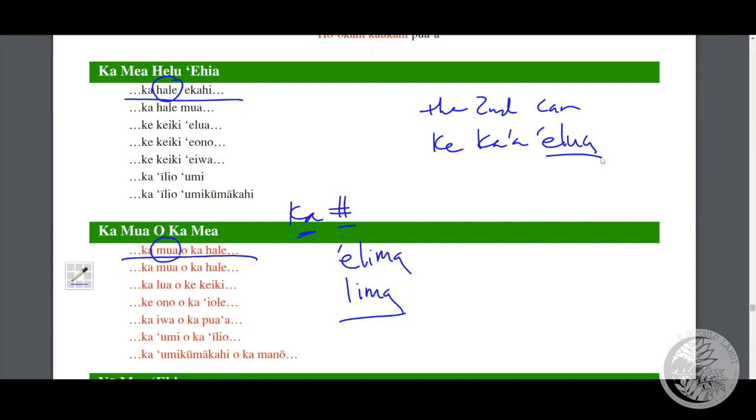I can also express the second car focusing on not car, but focusing on second instead. So it's like saying in English, the second of the cars. Kalua o ke ka'a. So you notice the big difference in these two is that the first one focuses on car, the second one focuses on lua.